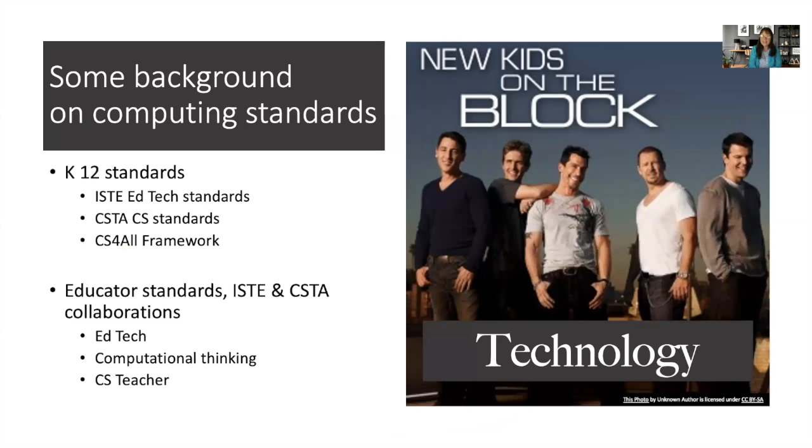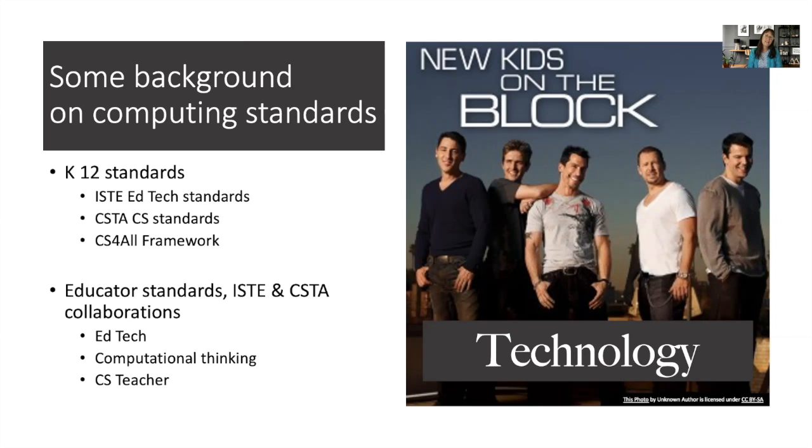Since computer science is kind of the new kid on the block in technology, a little background on the standards. The standards for K12 are divided up between the educational technology standards, the computer science K12 standards, and the framework that was developed for CS for All. Each of these things have gone through multiple evolutions to get to where they are in this area that changes so much and so often.